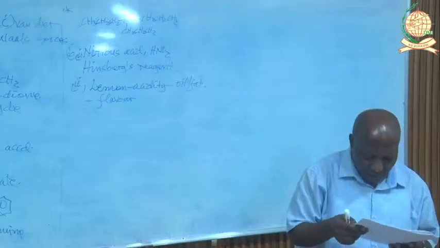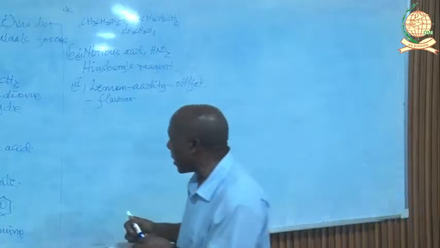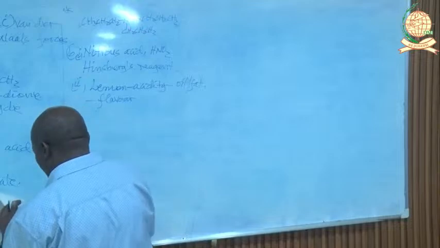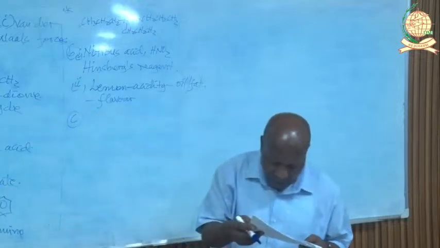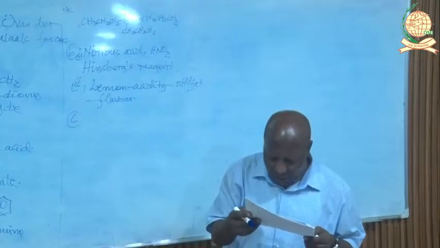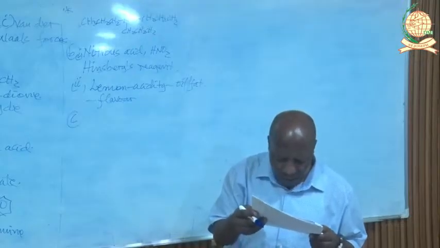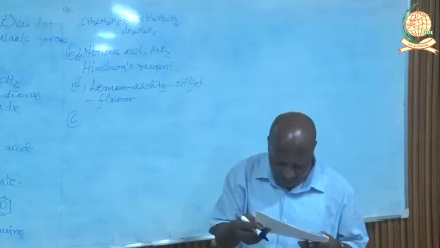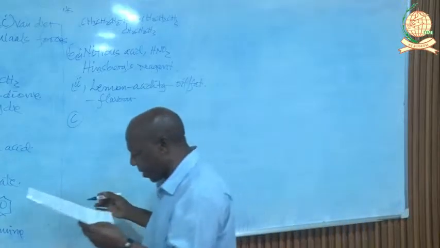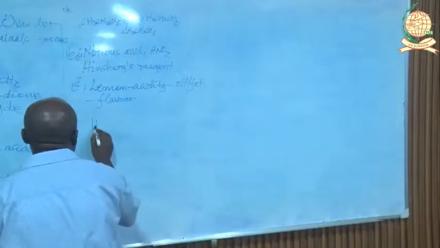Then is C. Question number 6 is C. The question says compound M, which is commonly added to foods to give them the rum flavor, has the following structural formula.